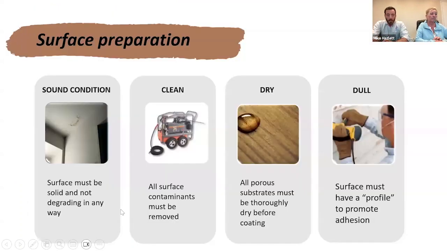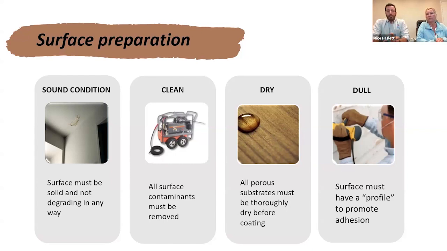Okay, so surface prep. We're starting to get into this discussion. These are the four main factors. I always use the saying, make sure it's clean, dry, and dull. One common example I use when discussing with different opportunities: take a concrete slab like a driveway. You want to paint your driveway. That's just an easy example.